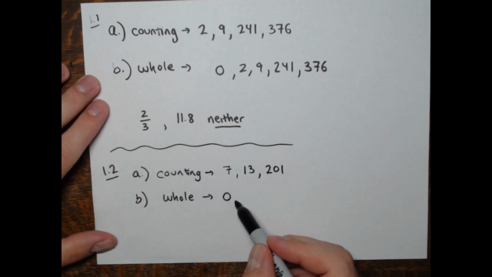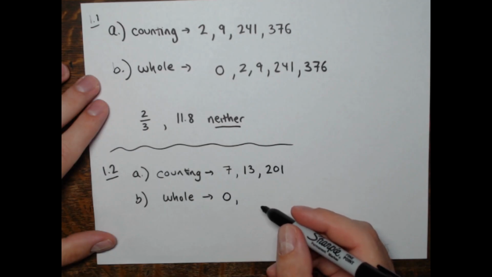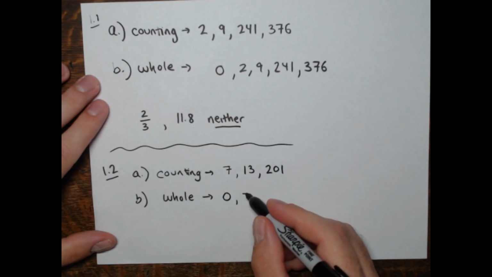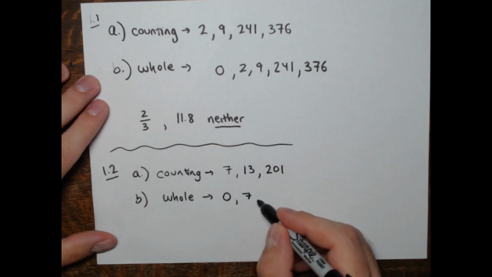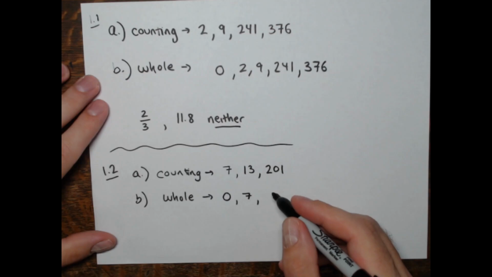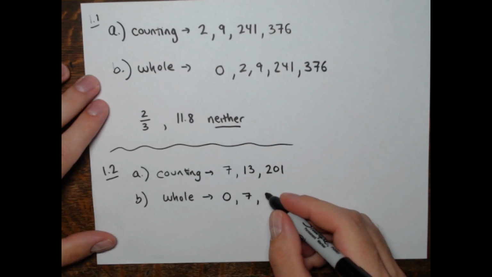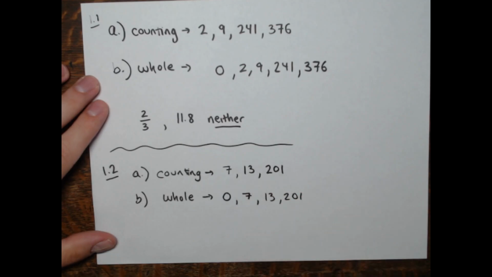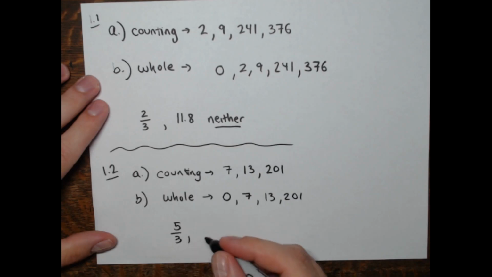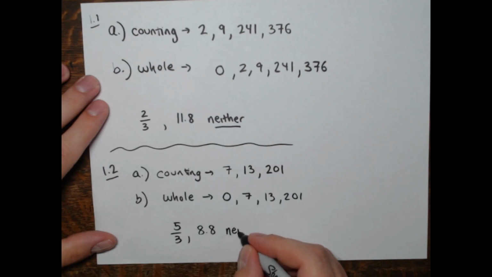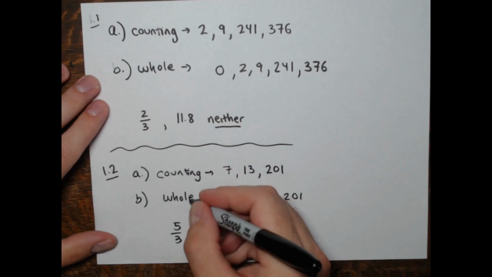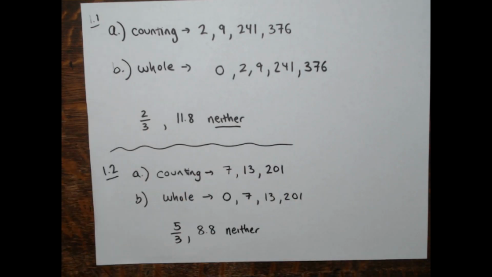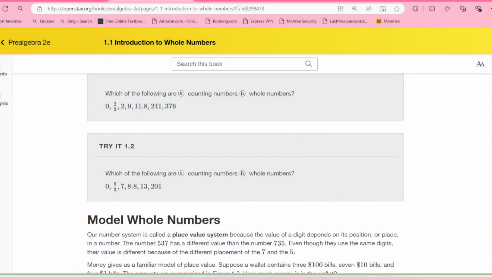Again, 0 is whole. 5/3 was neither. 7, again, if you're counting, you're also considered whole. 8.8 was neither, and then 13 and 201, right? All the counting numbers should be on the whole list. And I know they don't ask for this, but I'm going to write up that 5/3 and 8.8 would be considered neither of these things.